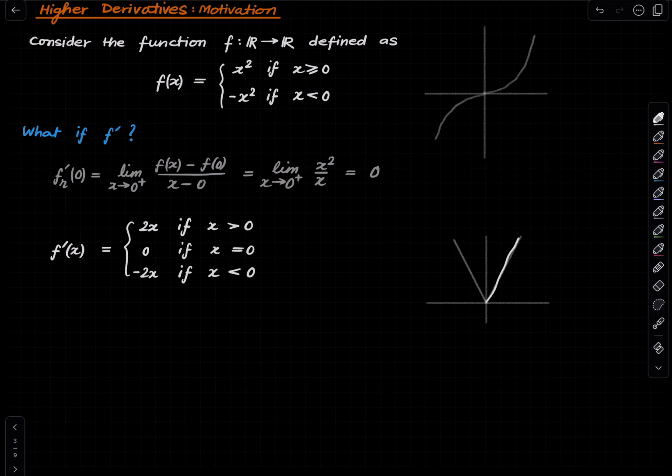Maybe I'll have a darker line. Right, so that is the graph of f prime: 2x, minus 2x and 0. So f prime is continuous but not differentiable itself. f is differentiable. f prime is continuous as we see, but f prime is not differentiable.